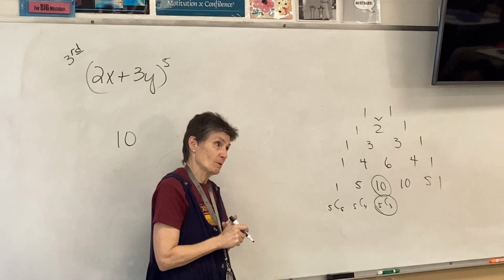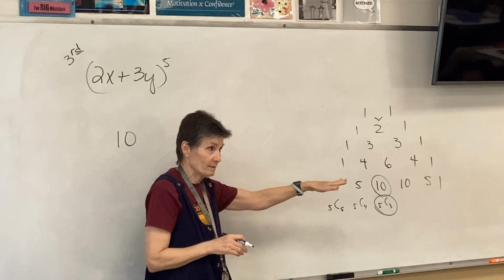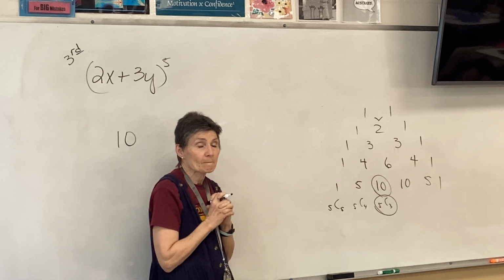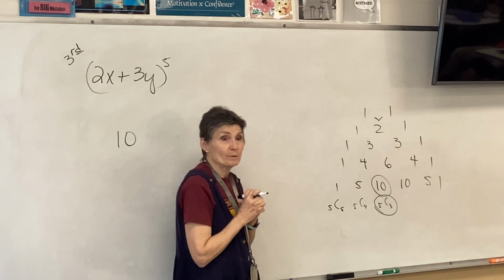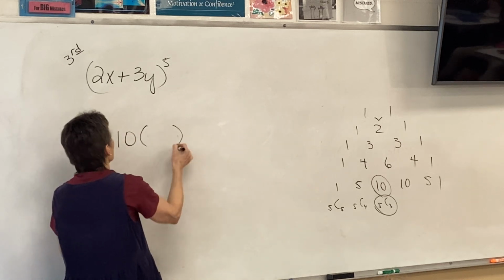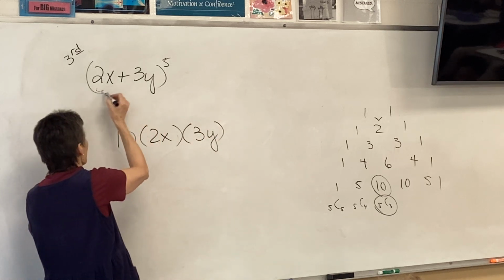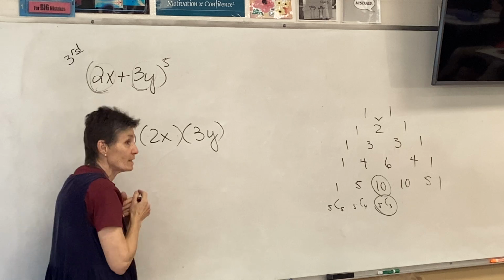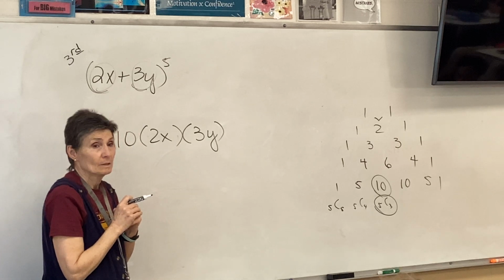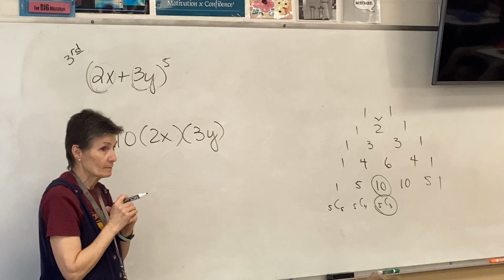Does anyone remember what we do after we get our numbers figured out? That's step 1. Figure out what your coefficients are. Then what? Next to each coefficient, so in this case just the 10, goes a 2x and a 3y. Whatever the 2 components of the binomial are, go next to that coefficient. Okay?